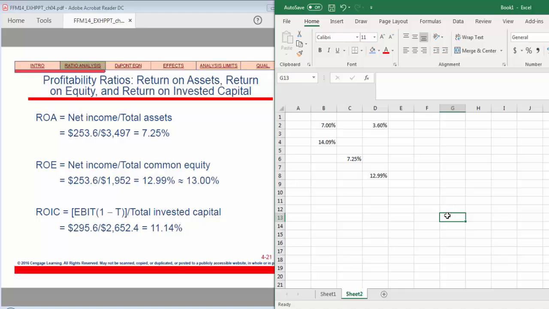Obviously, the company that provides you with the highest ROE is the one that you should invest in. So again, all these numbers, ROA, higher the number, the better. ROE, higher the number, the better.